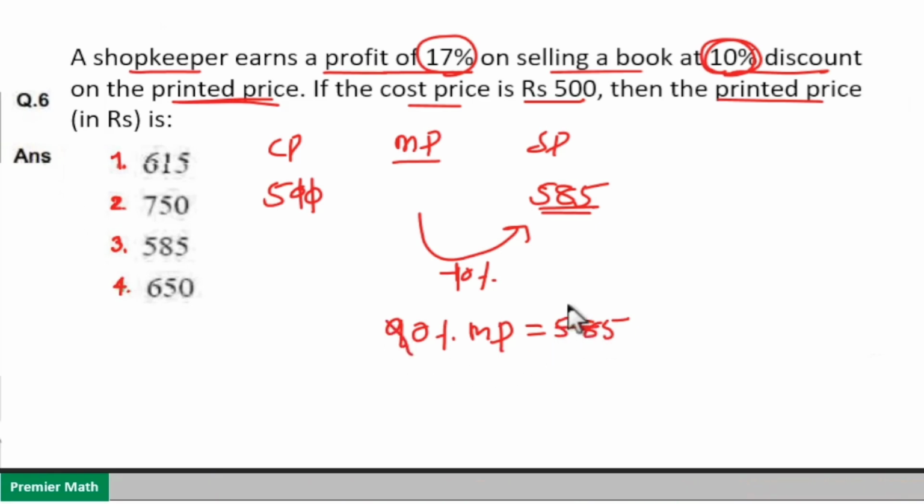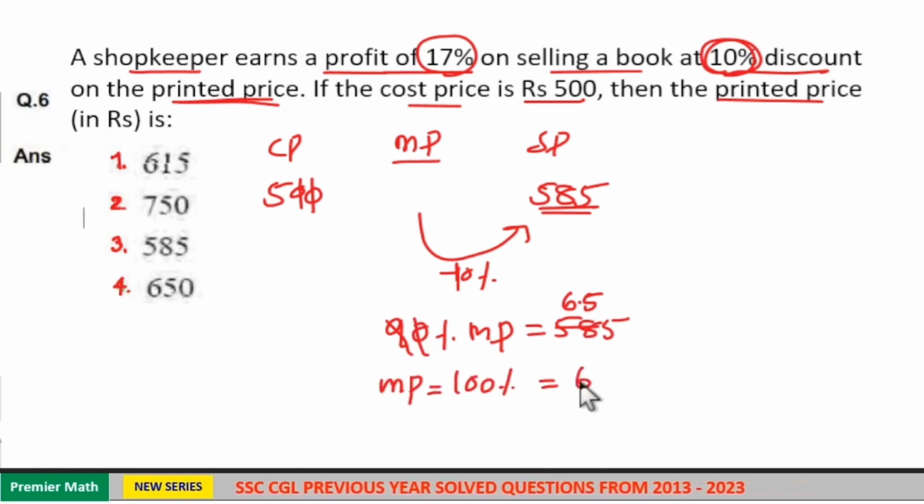Now 9 goes 6 times in 54, remaining 4, 9 goes 5 times in 45. So 10% is 65, which means 1% is 6.5. Then 100% is the marked price, which is equal to 650. So option 4 is your answer.